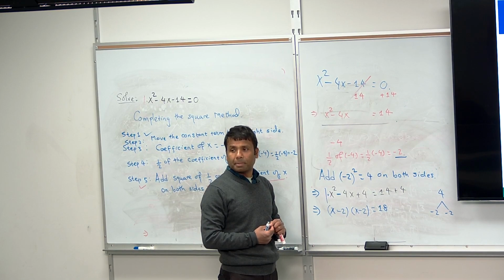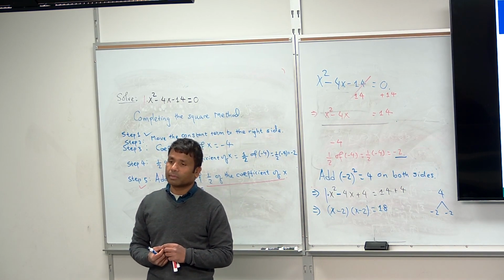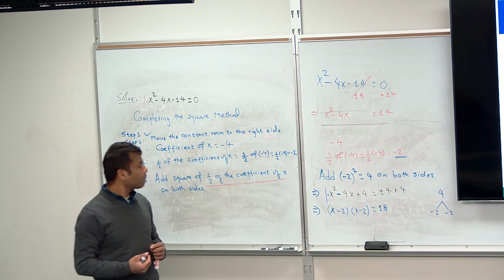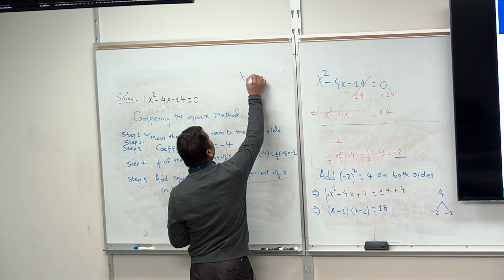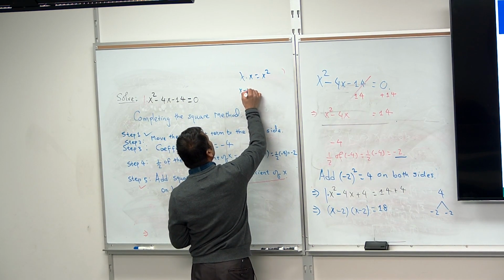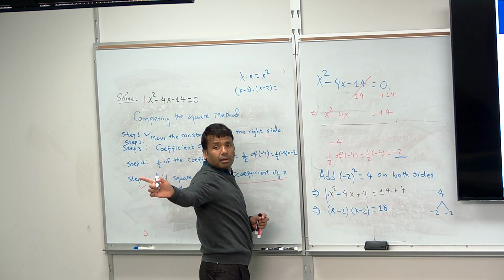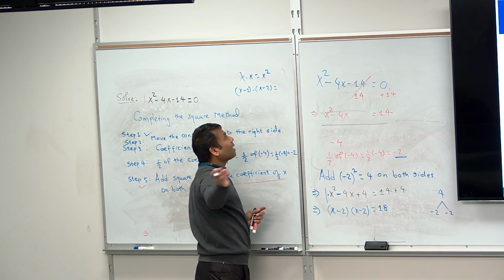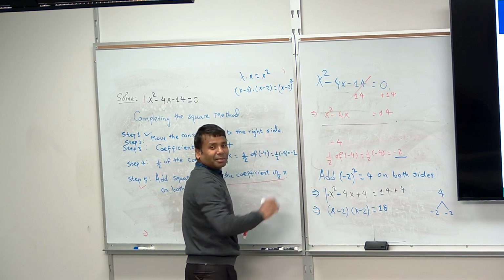Okay? What is x minus 2 times x minus 2? What is x times x? x squared. So what is x minus 2 times x minus 2? Pretty close. x minus 2 is squared, right?